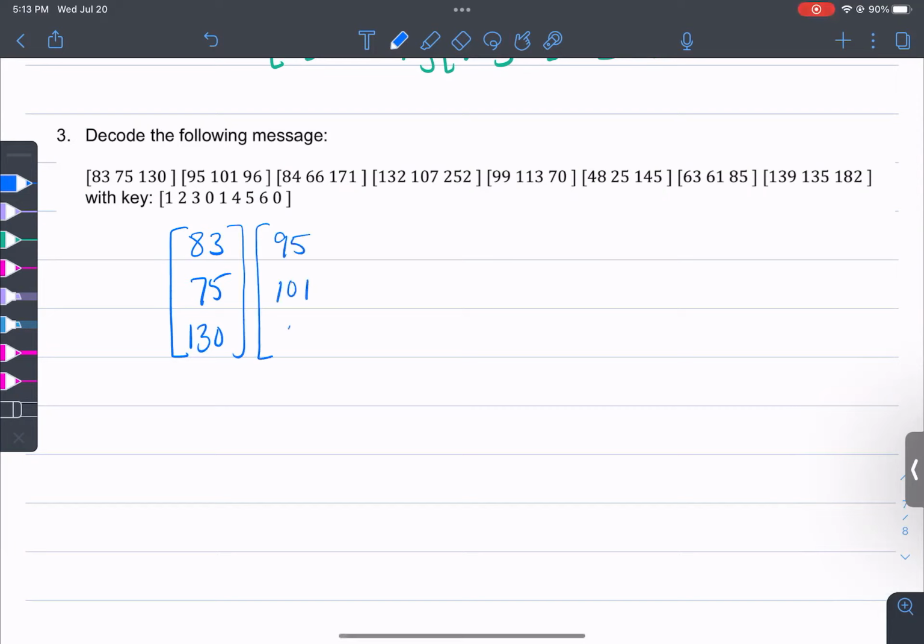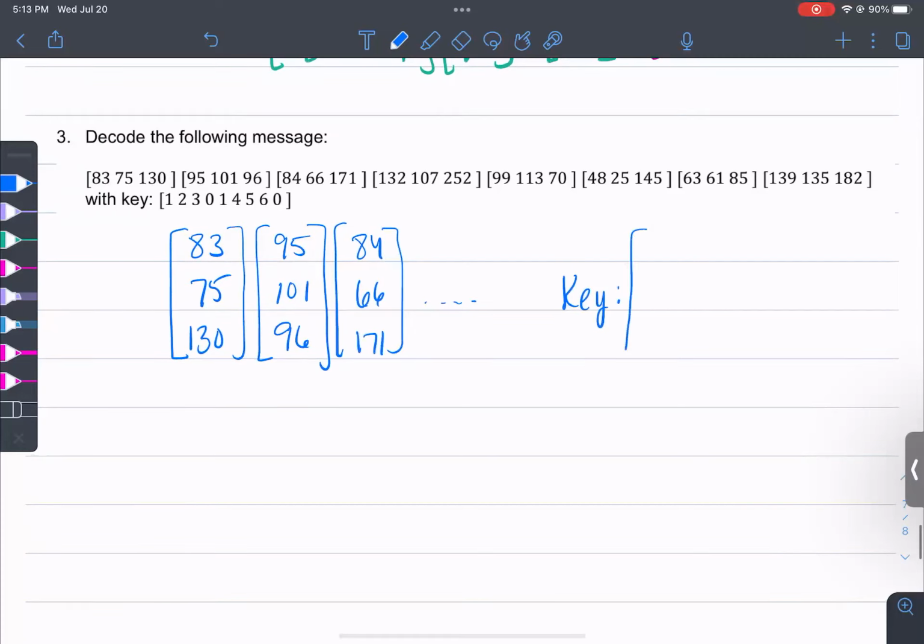They're just written as row matrices rather than column. And you get the picture. And then the key should be the square matrix. That's a 3 by 3. 1, 2, 3, 0, 1, 4, 5, 6, 0.